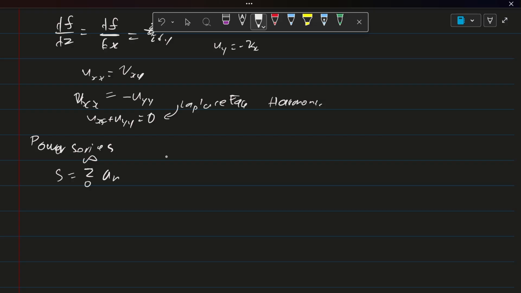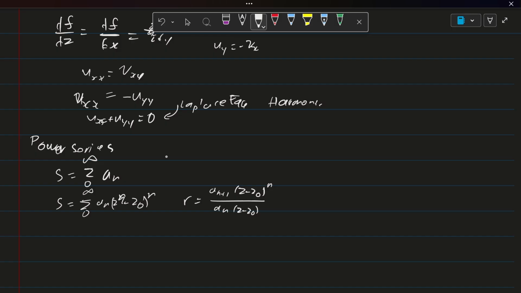Now for the power series, S equals the sum from 0 to infinity of an times (z minus z0) to the power of n, because it is centered at z0 in general. You could figure out that this is convergent if you do the ratio test. The ratio test will give you an plus 1 times (z minus z0) to the power of n plus 1 over an times (z minus z0) to the power of n.